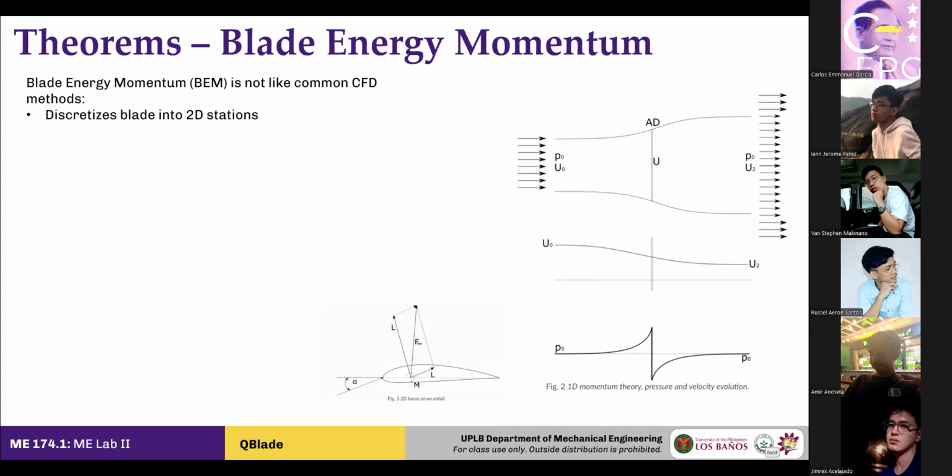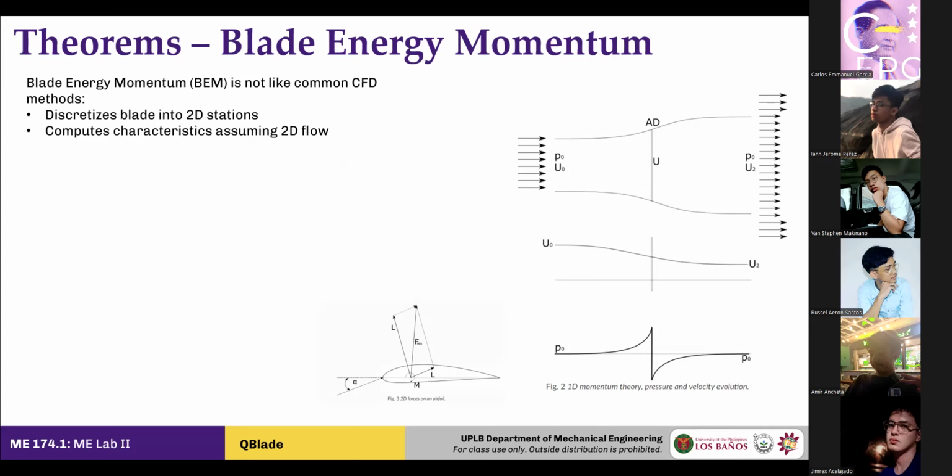Ngayon, because chinap-chop mo yung blades mo into 2D slices, you can conduct essentially 2D fluid dynamics on that slice. So, the moment na hinati-hati mo na siya, i-assume mo na 2D flow lang yung nangyayari. So, I believe it's subsonic inviscid 2D flow yung i-assume mo na mangyayari.